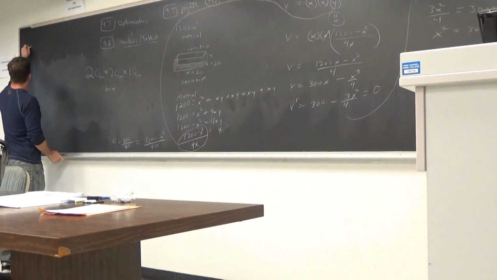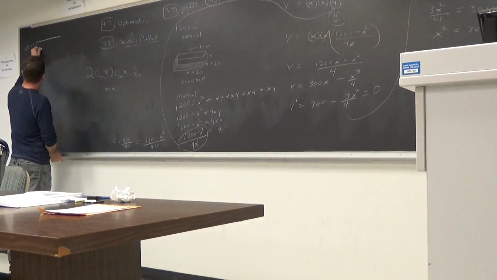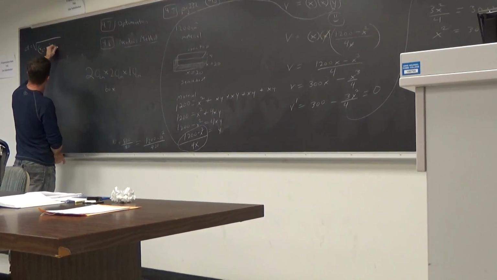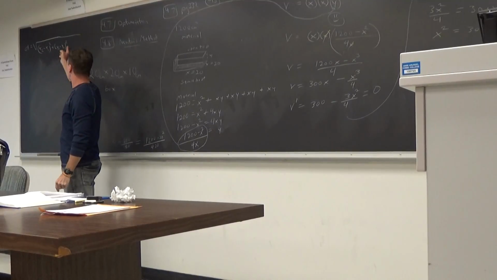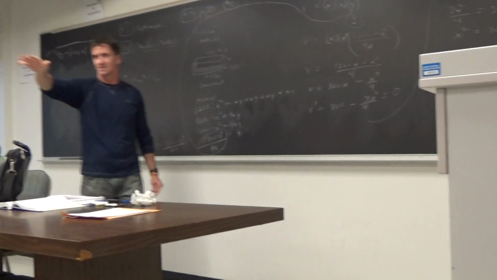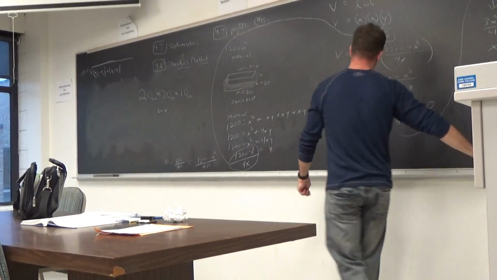Square root x squared, and then plus... awesome. When you take calc 3, what will get added here? Plus z2 minus z1 squared, you got it. You'll love that stuff.